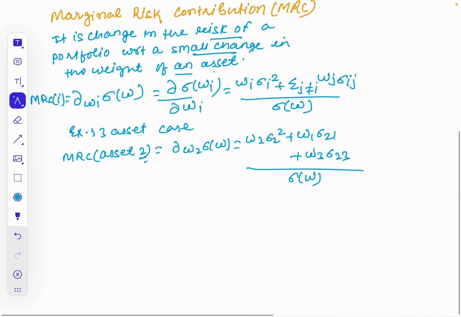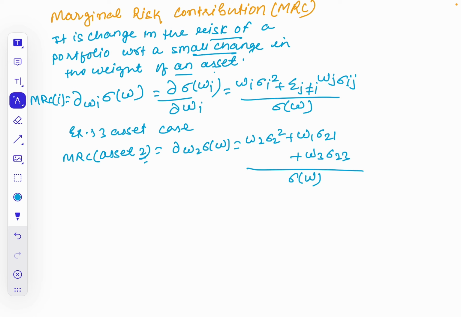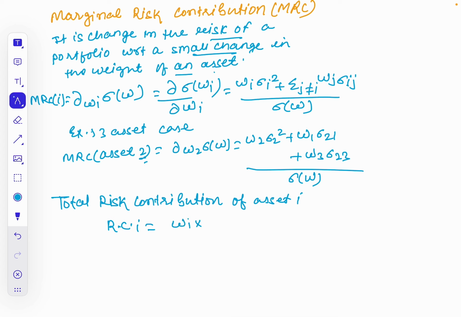Once we know the marginal risk contribution of asset i, we can know the total risk contribution of asset i. The total risk contribution of asset i is equal to the weight of asset i times the marginal risk contribution of asset i.